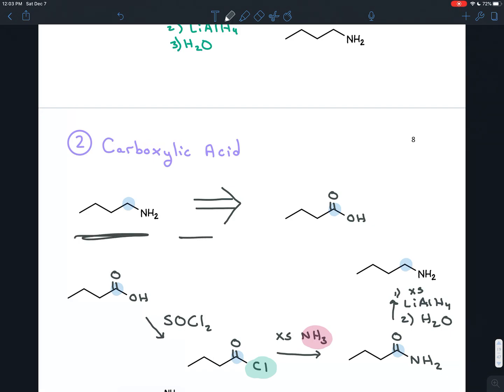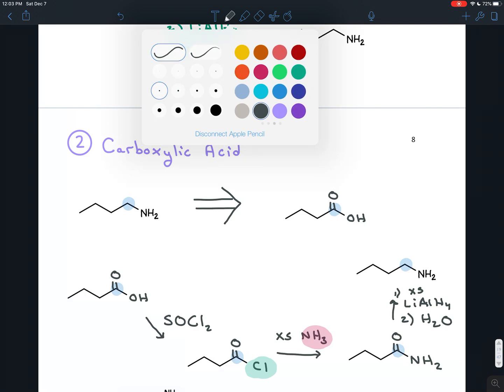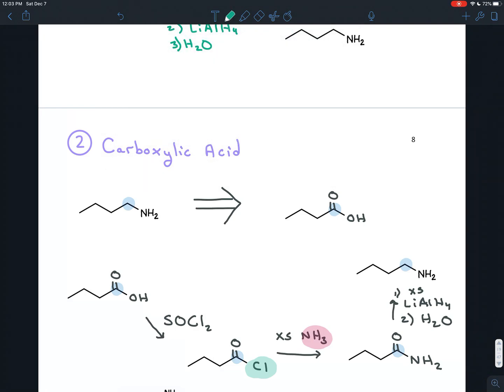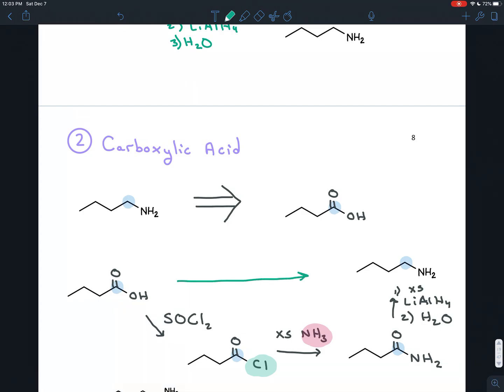So we could make this amine from this carboxylic acid if first we turn this specific carboxylic acid into an acid chloride using thionyl chloride. Then we turn the acid chloride into an amide using excess ammonia.